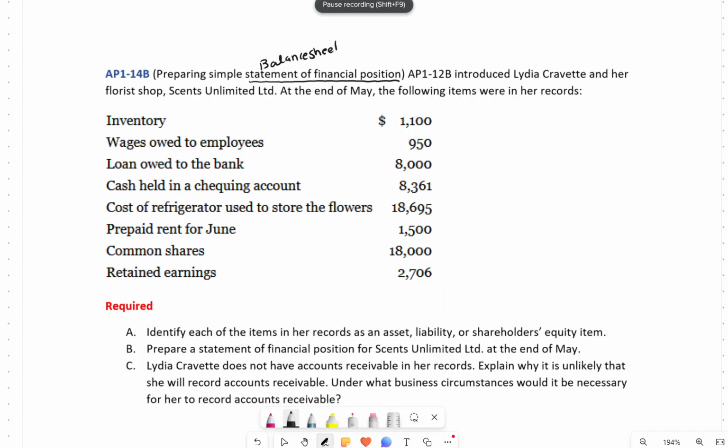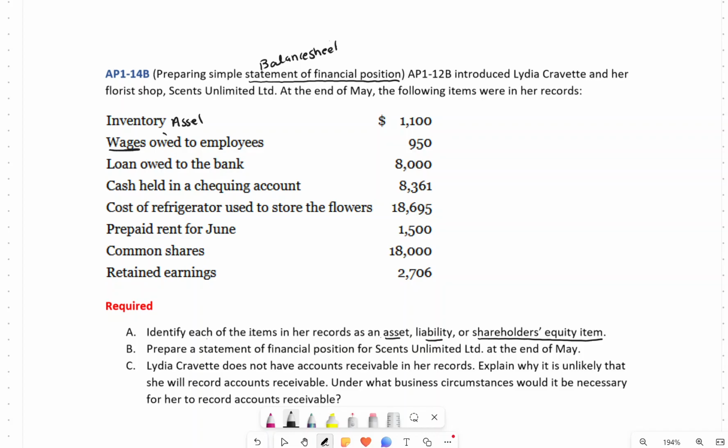We wanted to identify each of the items in her record as an asset, a liability, or a shareholder's equity item. If it's inventory, it will be an asset.